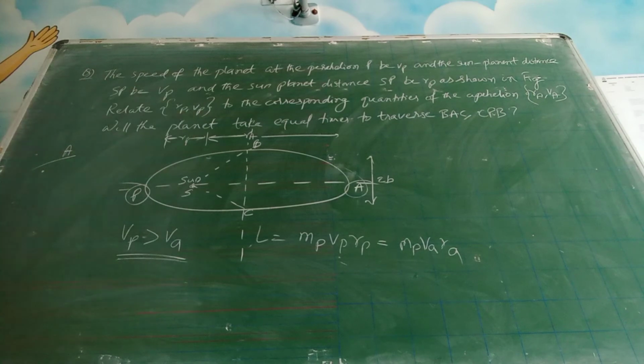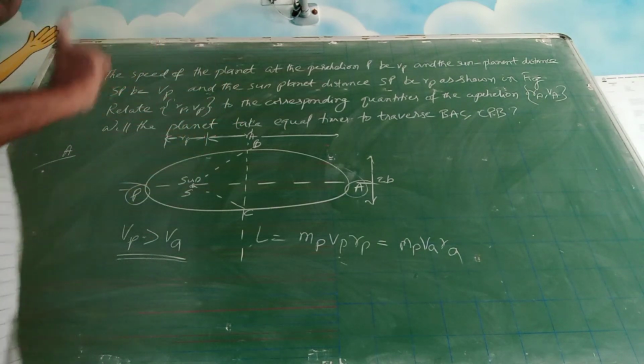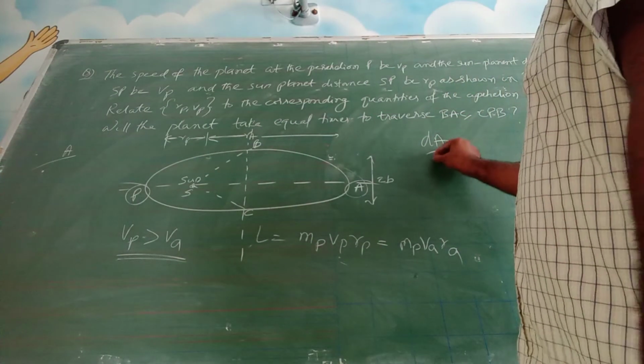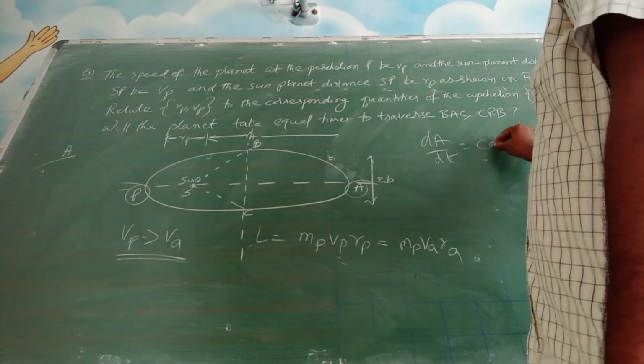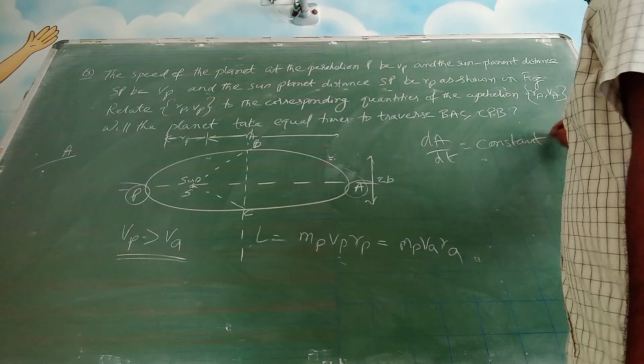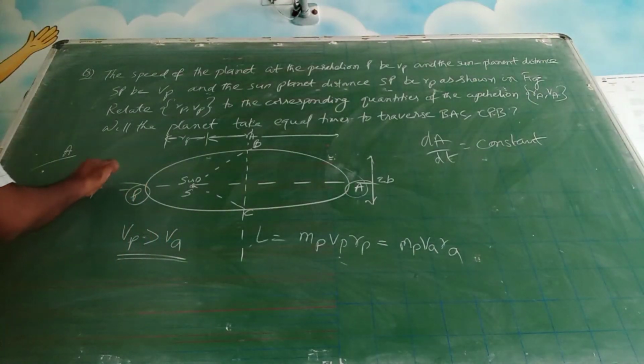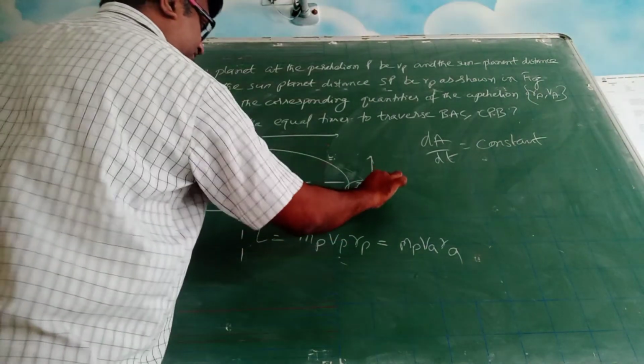Now the second part of the question, what he is asking is, now if you remember Kepler's second law, he says that dA by dt is constant. You see here the speed here is more, here it is more, and here it is less.